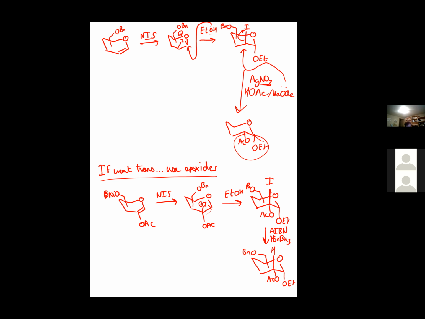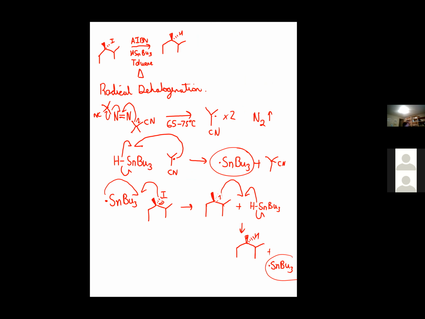So if we're thinking about that, there's a few things we can do that are kind of cool. Say we just did a glycal reaction, we've got that. We can use the sodium acetate. We can use AIBN, tributyl tin.